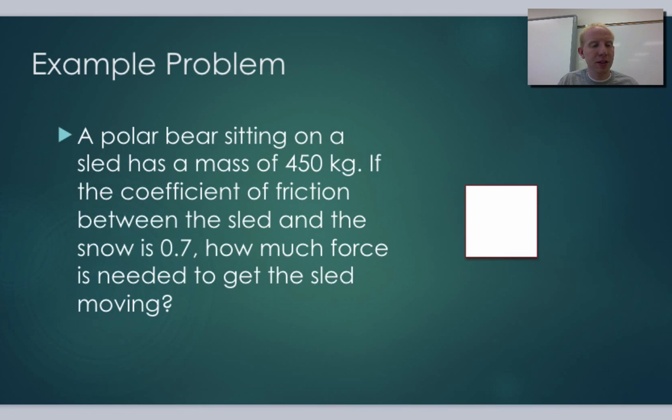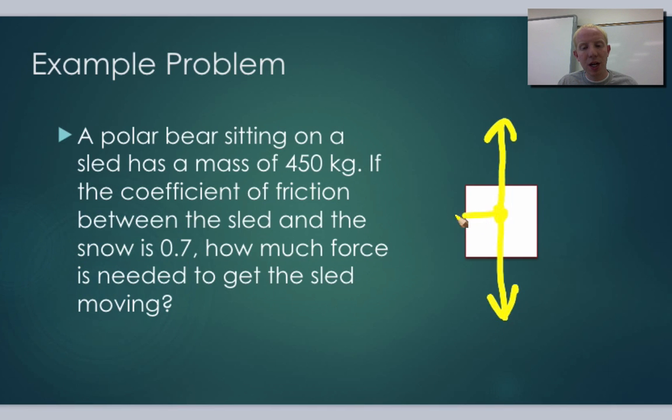So let's think about this scenario. So we know that the force going down is the weight of the polar bear. So we're going to need to calculate that based on the mass. Now, because he's not plowing into the ground or flying to the sky, we should assume that the normal force is going to be the same as the gravitational force.